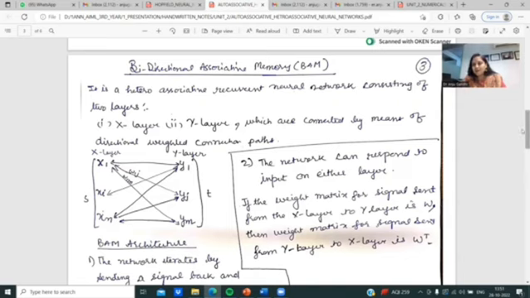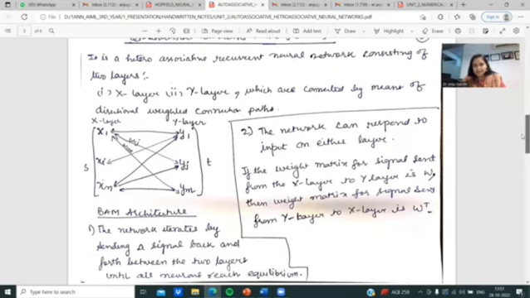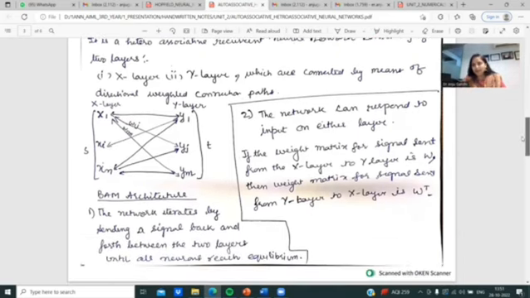Now, talking about the features and characteristics of BAM. The network iterates by sending a signal back and forth between the two layers, until all neurons reach equilibrium. We wait until they reach the state of equilibrium.